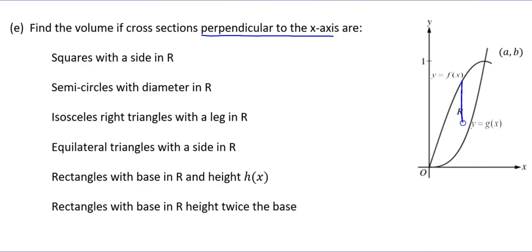So if I want to use squares, with a side in R, that top minus bottom slice I just drew there would represent one of my sides. So we're going to have an infinite number of squares, which is side squared. So again, use your x values, and then your side in this case is top minus bottom.